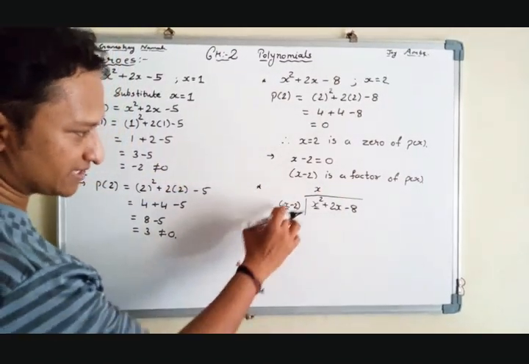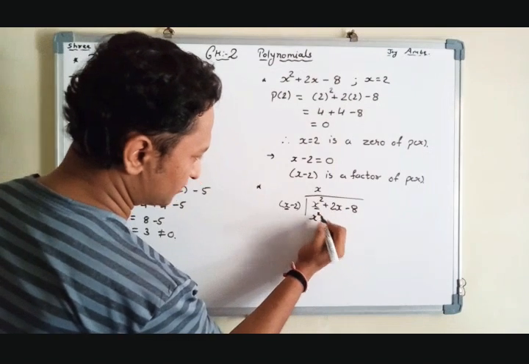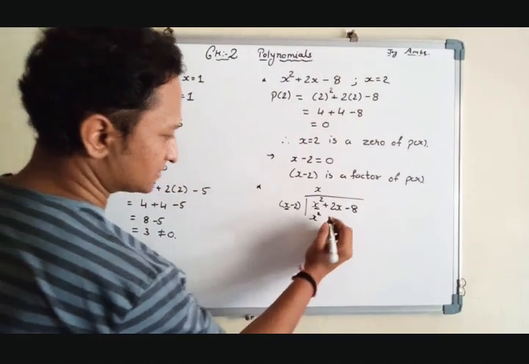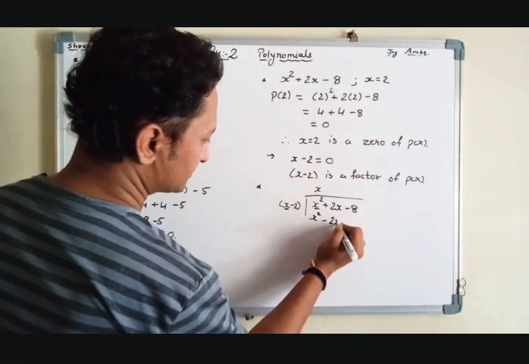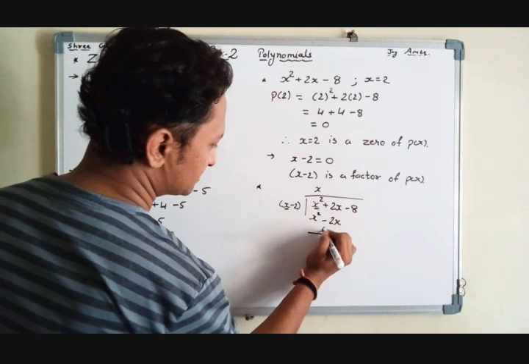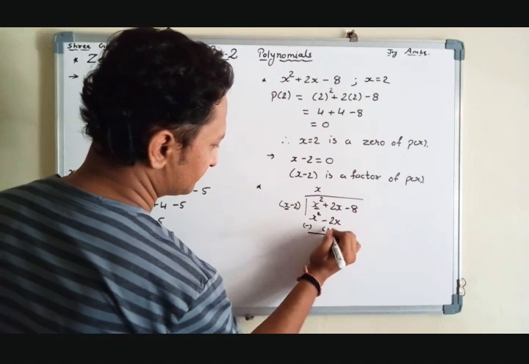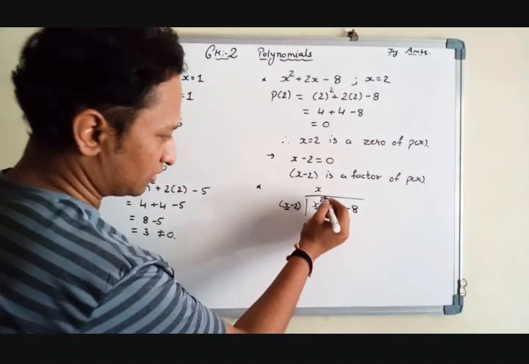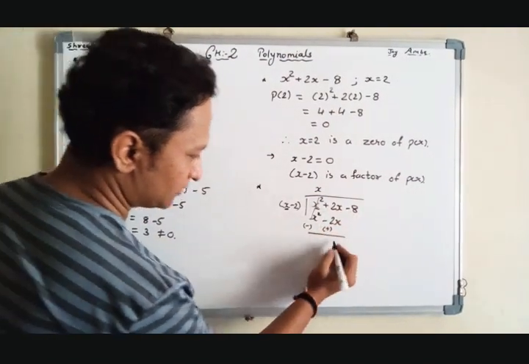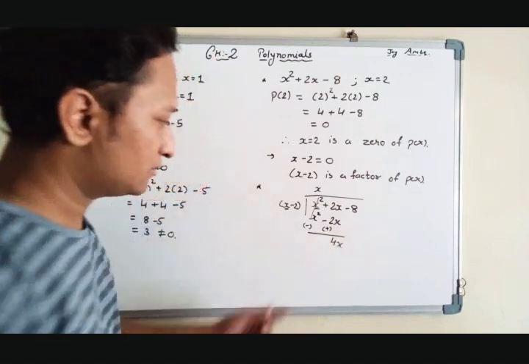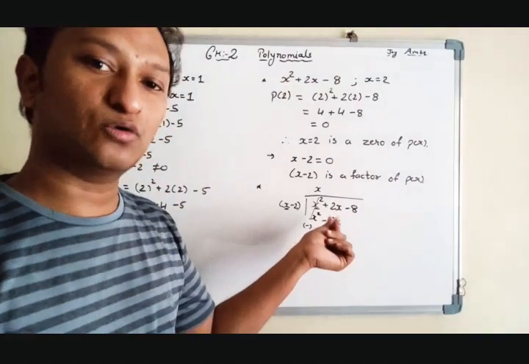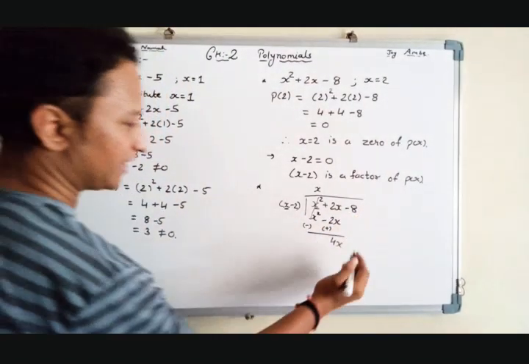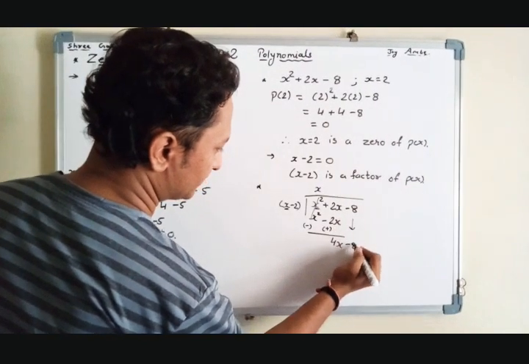What do we get? x into x, x square, minus minus 2x. Now we change the sign. So x square will cancel. 2x plus 2x, that is 4x. Now we use the new sign, not the old one.